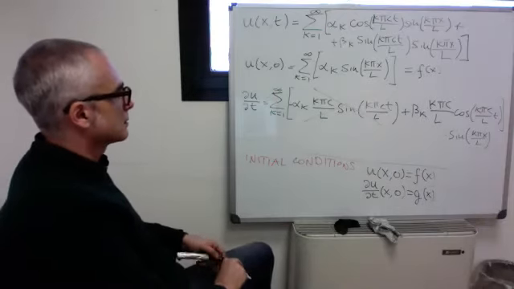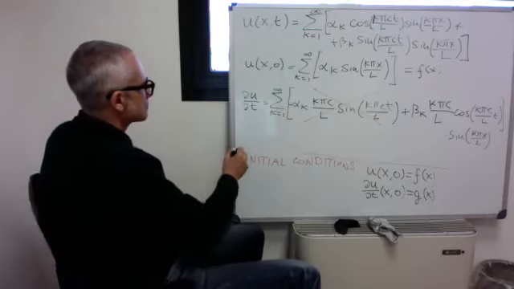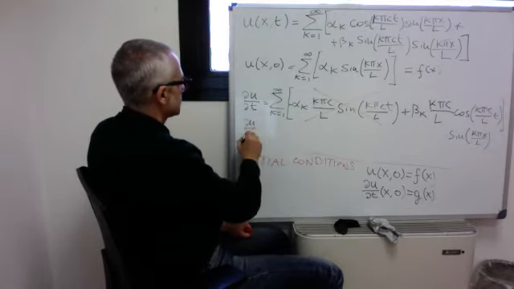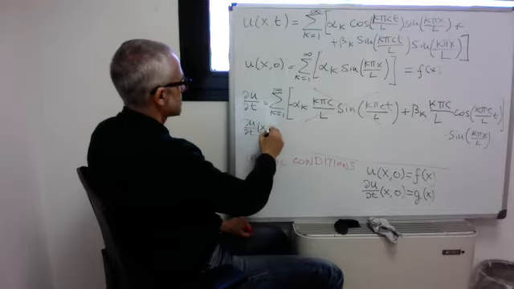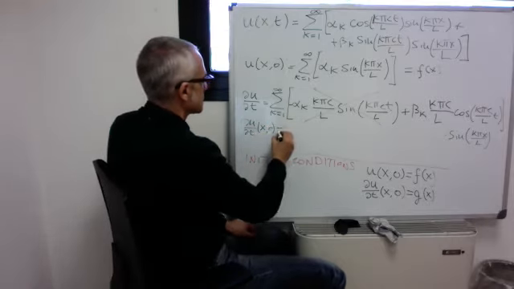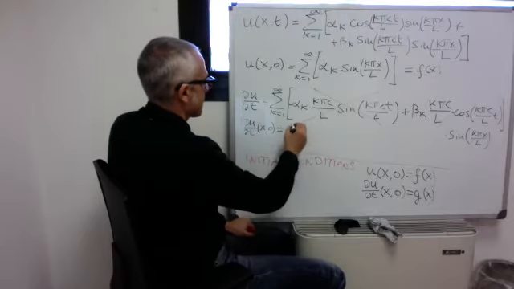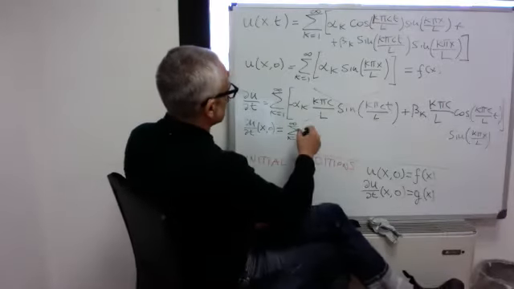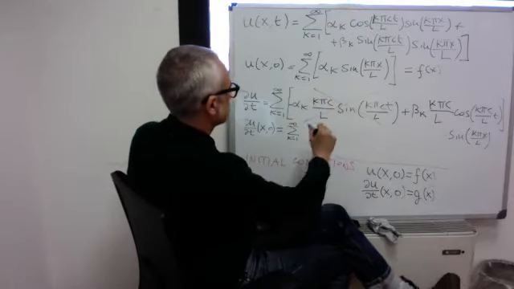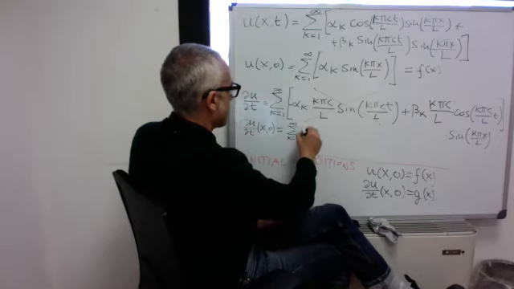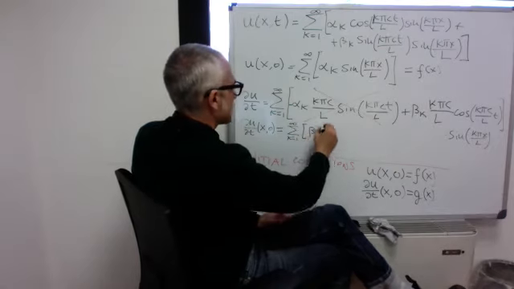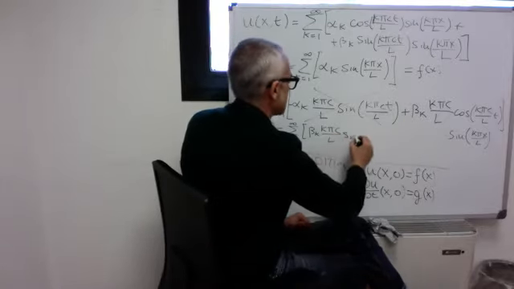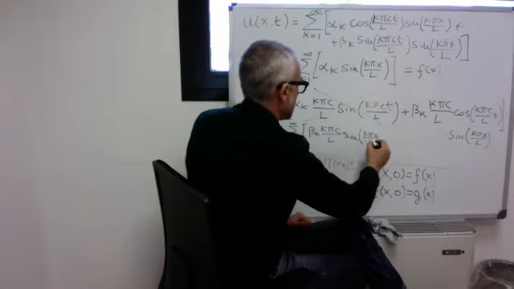And we are left, at time equals 0, with del u over dt at t equals 0 coinciding with the sum of just beta k, k pi c over L. The cosine of 0 is 1, sine of k pi x over L, and that's it.